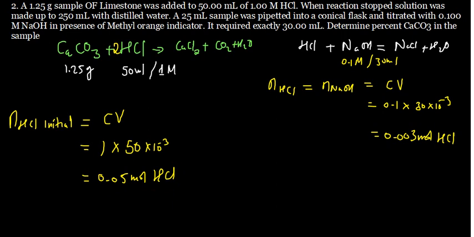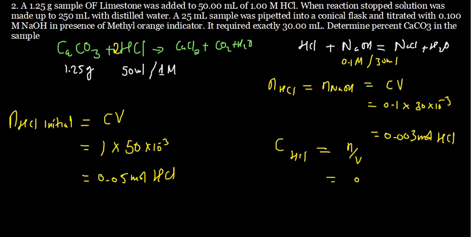Now remember, it is from the 25 milliliters which reacted with the sodium hydroxide. What does this tell us? We can actually determine the concentration of hydrochloric acid which reacted with sodium hydroxide, and that is given by number of moles over volume.